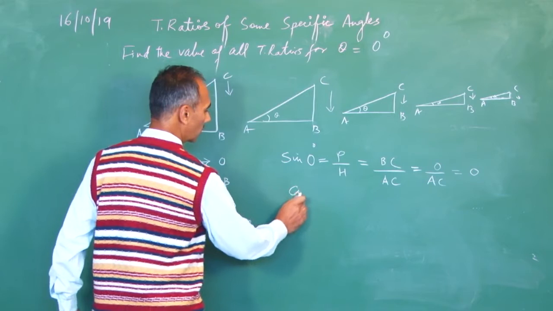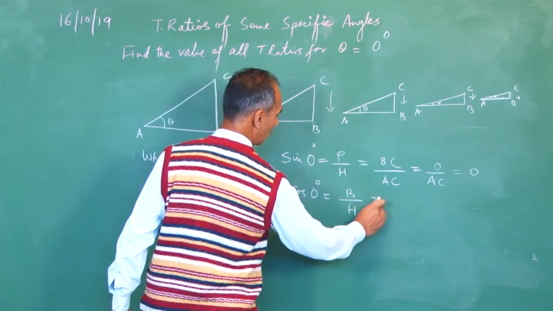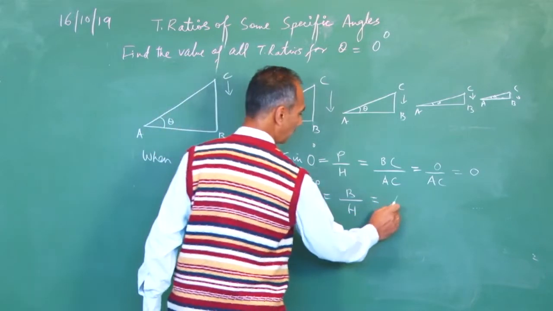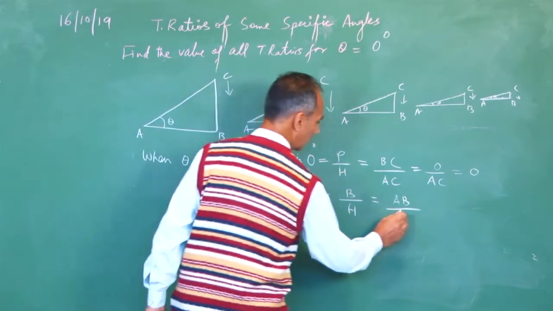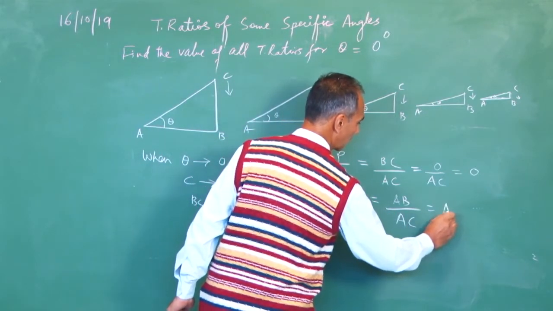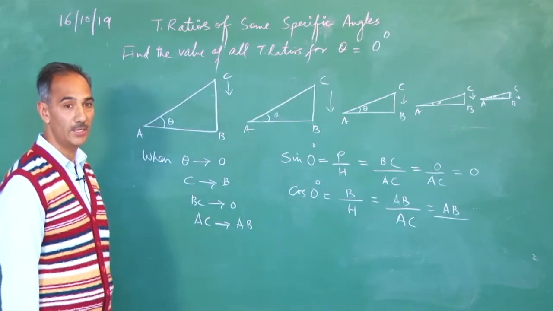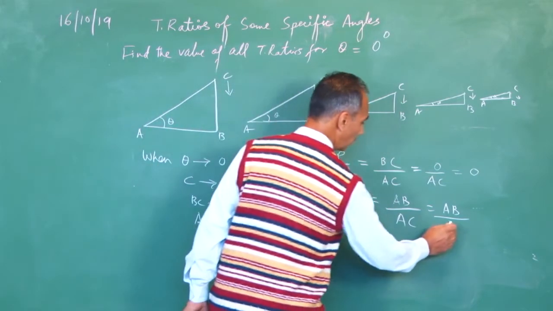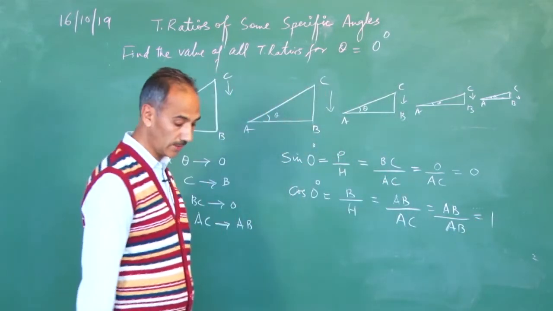Now let's take cos of 0. Cos of 0 is base by hypotenuse. What is my base? That is AB. And what is the hypotenuse? Hypotenuse is AC. AB is the same, but AC approaches AB. So AC goes to AB, so the value is 1. So cos 0 is 1.